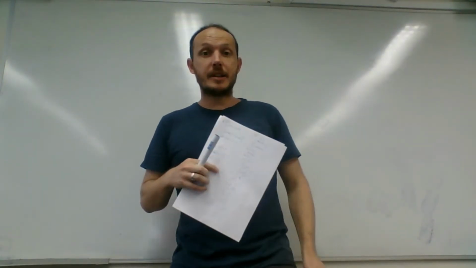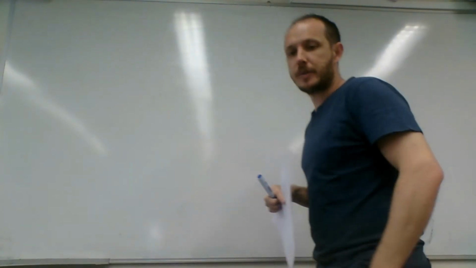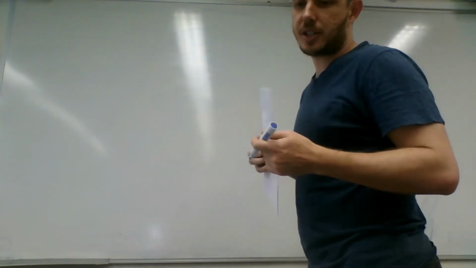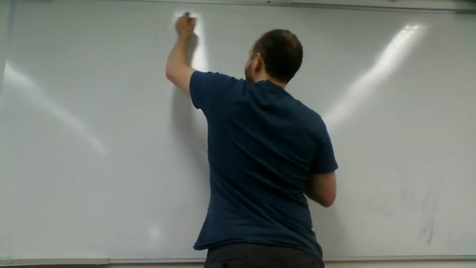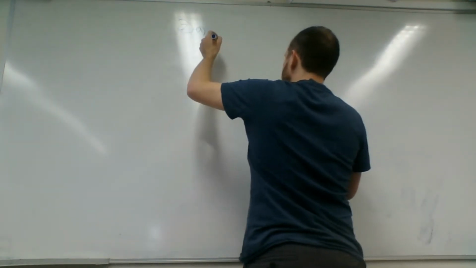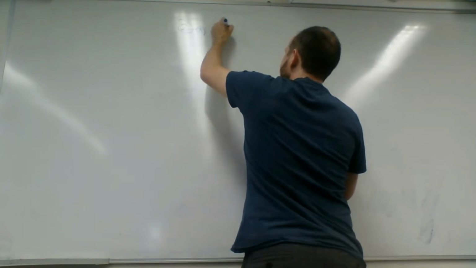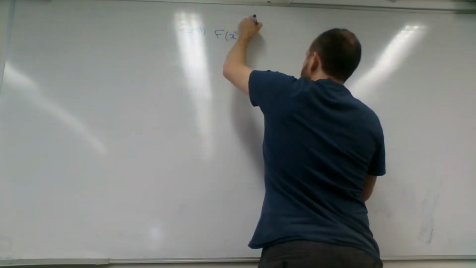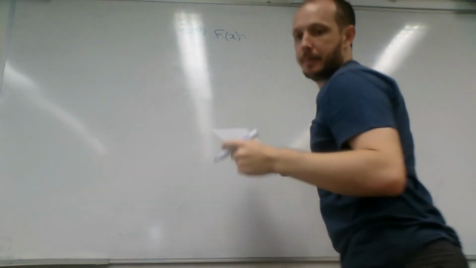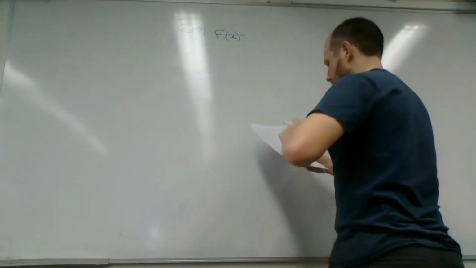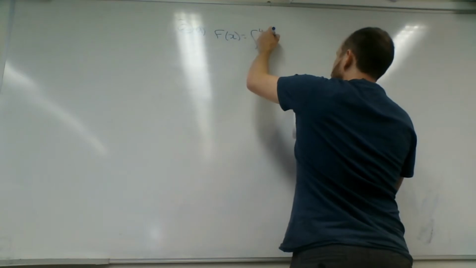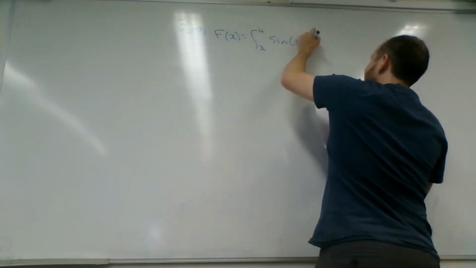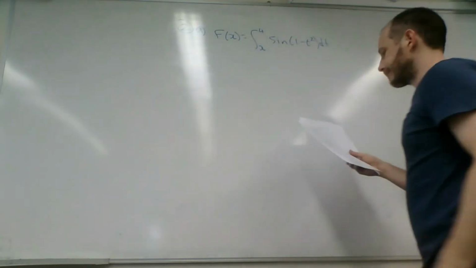Alright guys, let's go on to question number 2 now. In question number 2 you're asked to use the second fundamental theorem of calculus. So 2 part A, the first question says that f of x is equal to the integral from x to 4 of sine of 1 minus t squared dt.